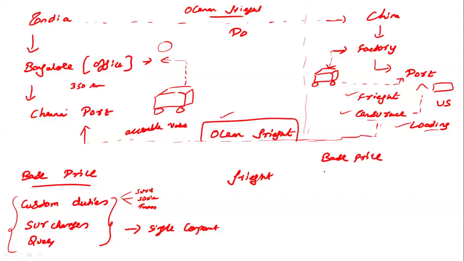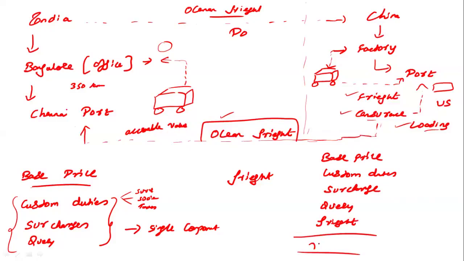Then you are going to pay the custom duties. You're going to pay the surcharge. Then you will pay for the query. Then the freight from port to office. Then you will have some value here. This value is your effective value or the total value.